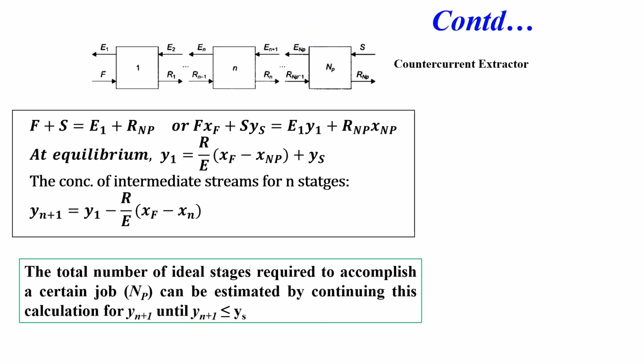So, we will just do the simple mass balance for one case, that is the counter current extraction. You just see it will be F plus S, F is in, S is in, and this equals E1 going out, and what is going out here is the RNP.